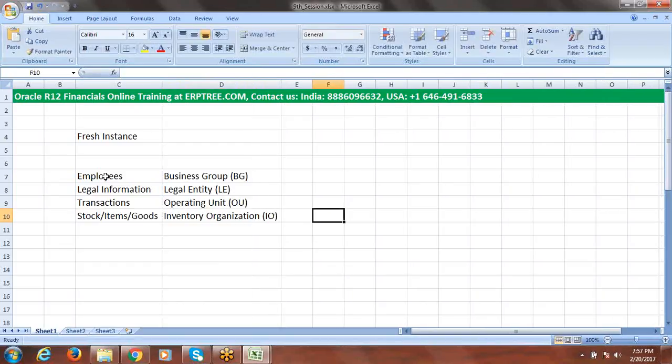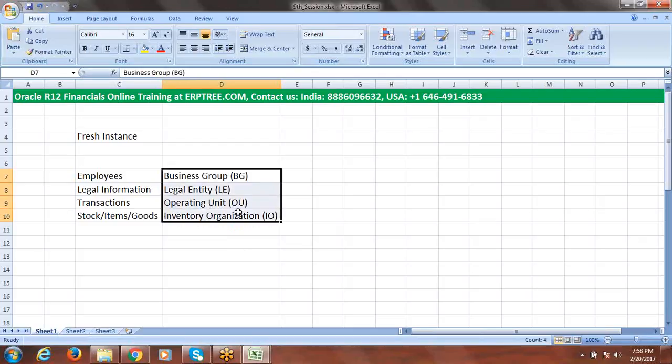When you look at any company data, this is how primarily you have to classify when you are going to bring that information to our instance, our system. Instead of bringing it directly, we'll create the environments this way and bring the data into the system. BZ to maintain the employee information, LE to maintain the registration information, operating unit to maintain the day-to-day business transaction, inventory organization to maintain the stock.